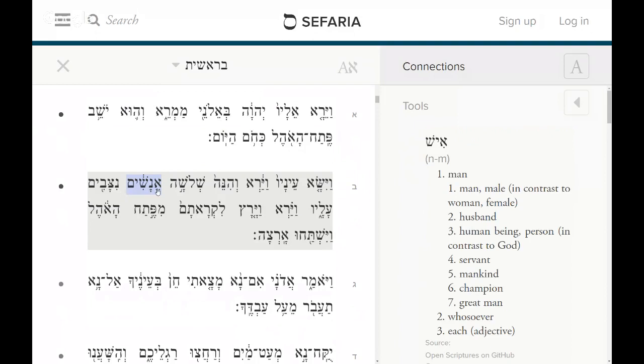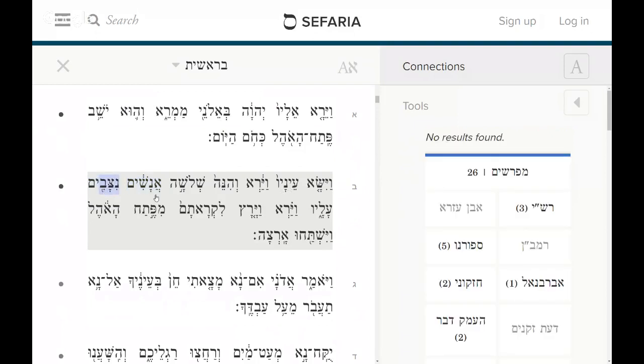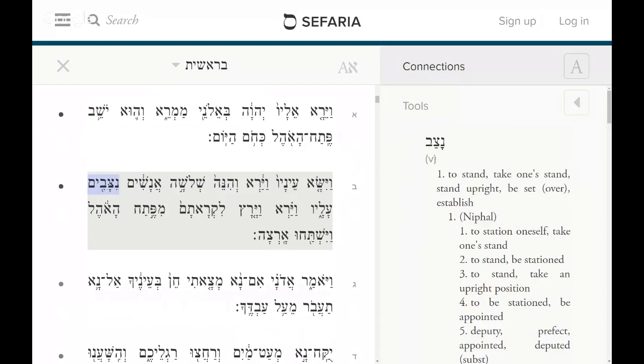Usually when we talk about a man, we're talking about somebody who's in contrast to a woman, in contrast to a child, somebody who's grown, and male. So possibly married. But in this case, it's a little bit different because these are angels, as we find out later. Nitzavim is standing. So it comes from this root, nun tzadi beit.